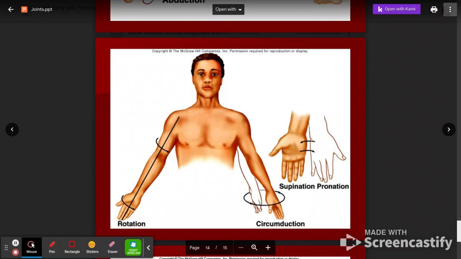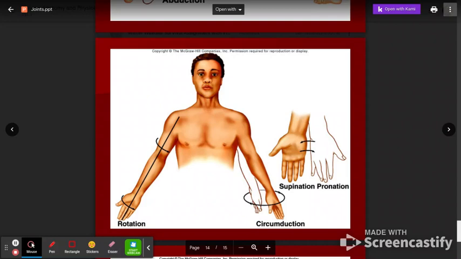Rotation: I don't have to move anything, you're simply changing the position of your arm, which is very different from circumduction, going like this. Supination, pronation, supination, pronation.